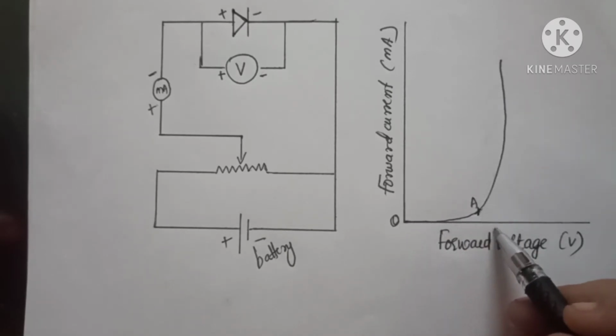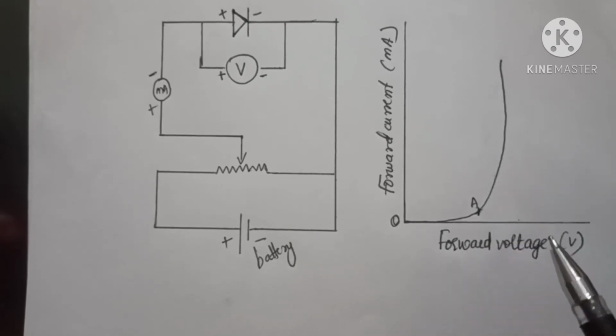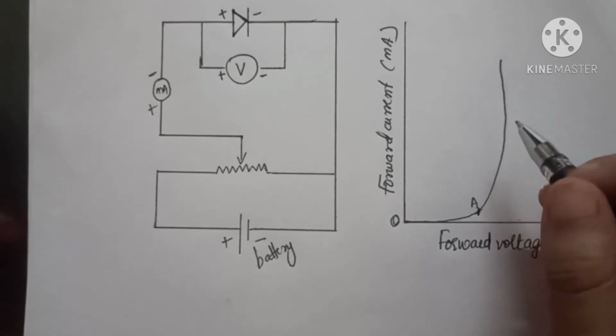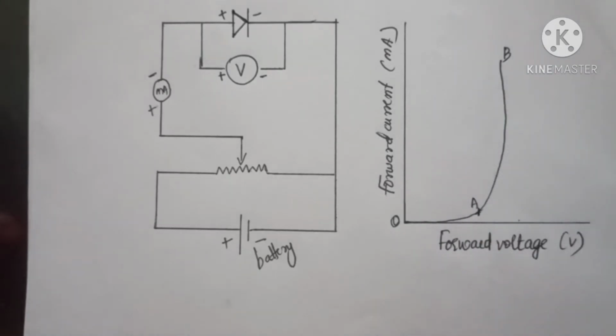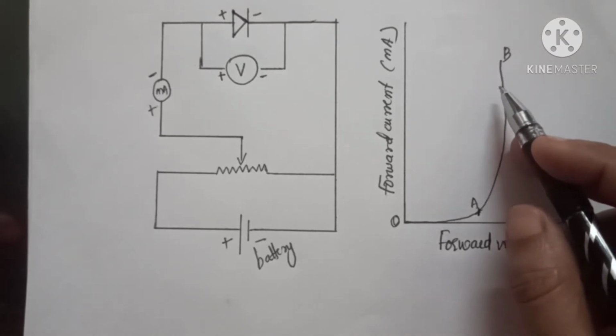Again, with further increase in the applied voltage, you can see there is a rapid increase in the current. Let it be the AB portion of the graph. You can see it increases exponentially, a sudden, rapid increase in the current. Understood? And in this situation, you can say that the diode behaves like a conductor.